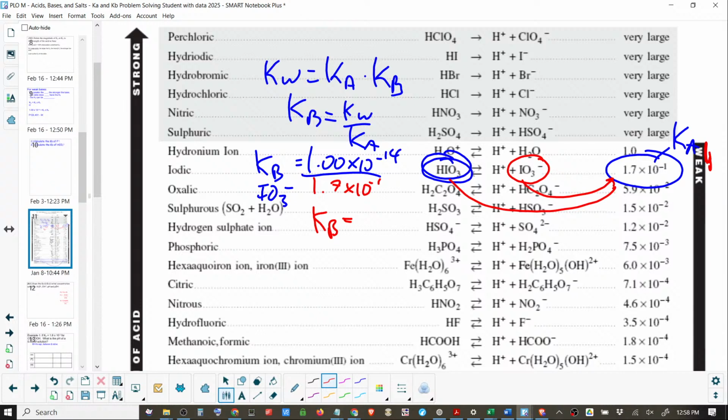So although this is written as if they're all acids, you can take all of these and go, oh, plus H2O goes to OH minus, and then treat it like a base table and use the Ka and the Kw to calculate the Kb's as you need it. So they only need to give you the acids.